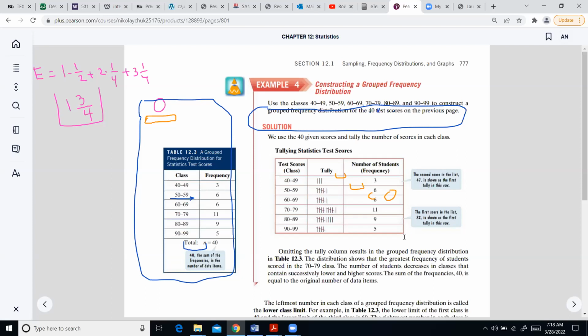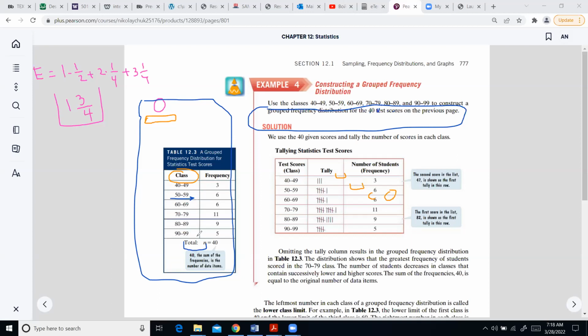Now, when they produce those classes, for convenience, they have from 40 to 49 and 50 to 59 and so forth, all the way up to 99.